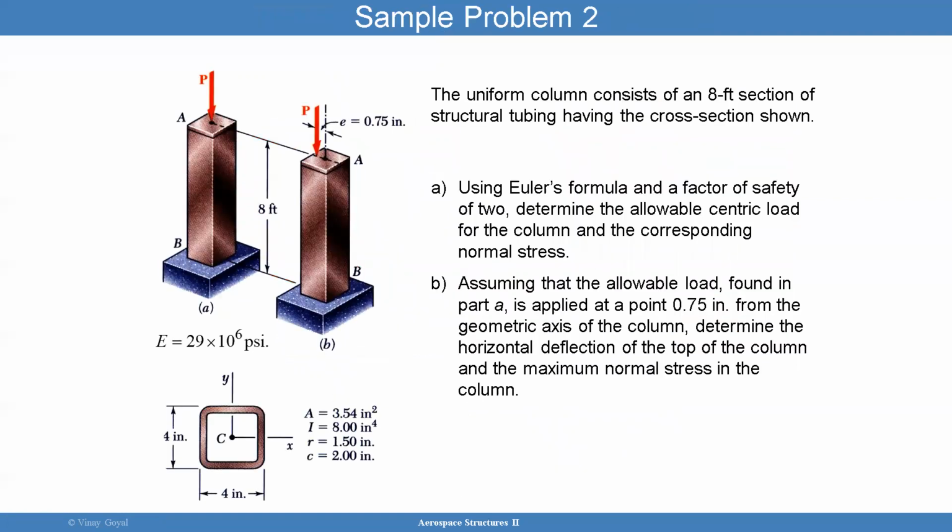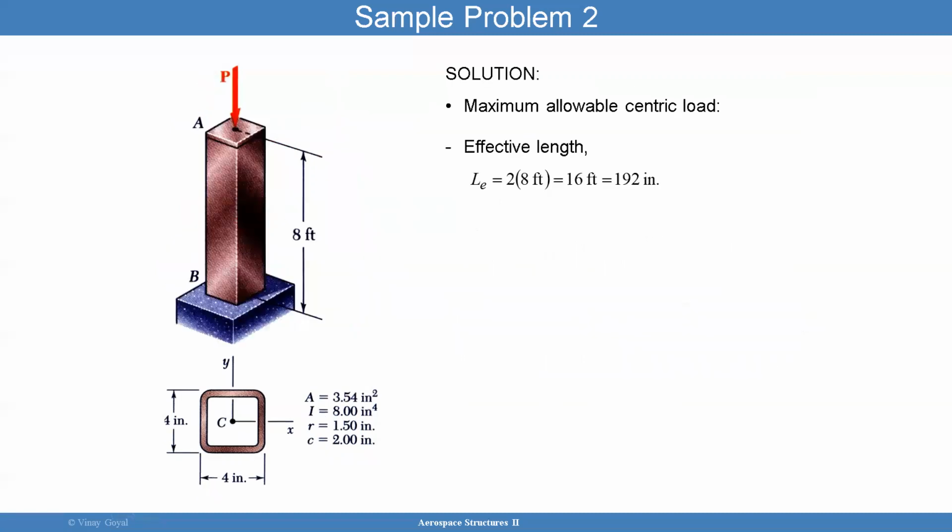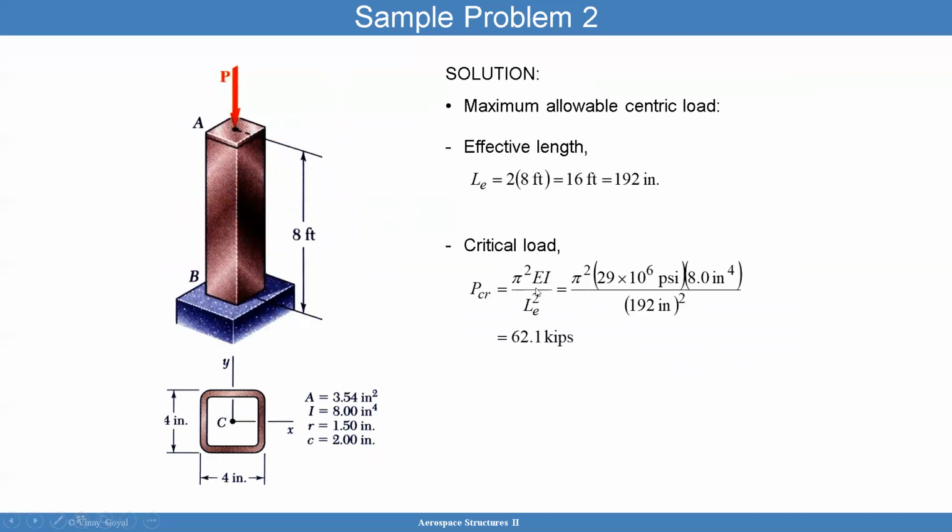Sample problem 2 is again looking at a very simple problem, a load applied with some eccentricity, and all we want to do is again apply the formulas and move on. So inertia needs to be calculated, and typically the area of the cross section, and things like that. In this case, you can use effective length. It is 8 feet here, so it's free-fixed, so we know we can use the pin-pinned solution.